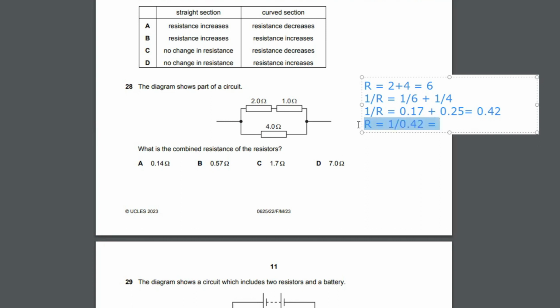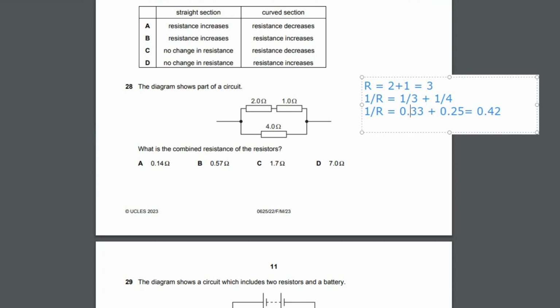There is some problem in the calculation. Okay, I used a wrong value here. So it is 2 plus 1, so it is 3. So this will be 1 divided by 3, and this number will also change. This is 0.333 recurring.